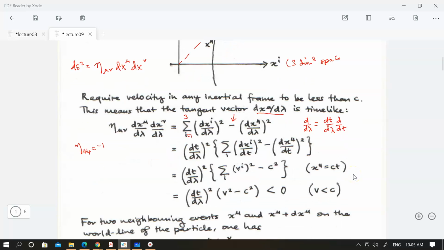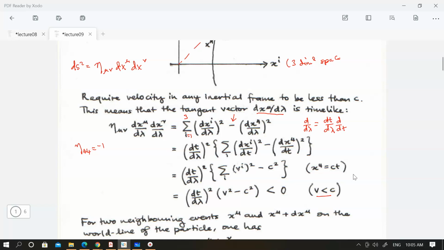So what is the sum of the components of the velocity squared? It is just the magnitude, v squared. So you get v squared minus c squared, and since v must be less than c, this thing is going to be less than 0.